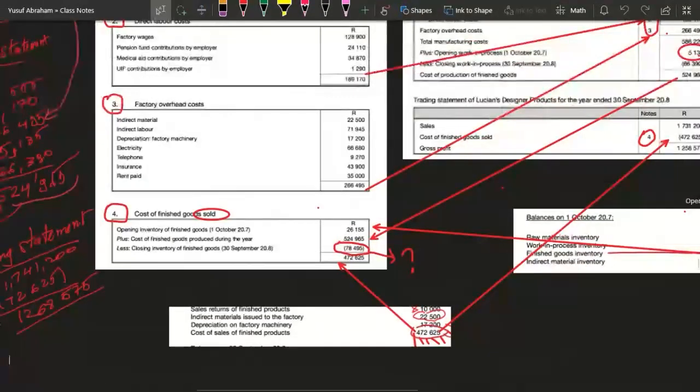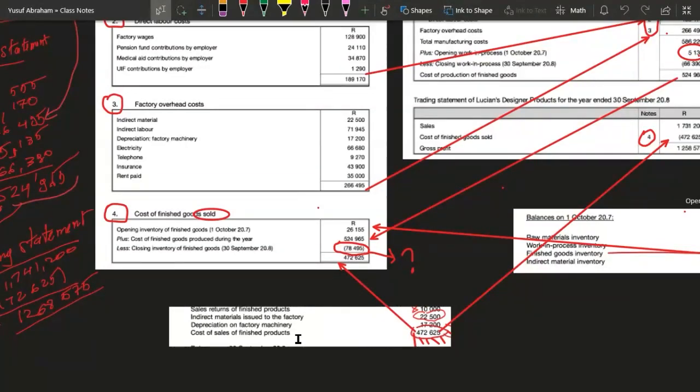But they provided us with the cost of sales for finished product. You mean the one that we are looking for? Yes, they provided. So that's why you need to read properly. Here it is. So the cost of finished goods sold is the cost of sales of finished product. So you need to understand very well what they put there.